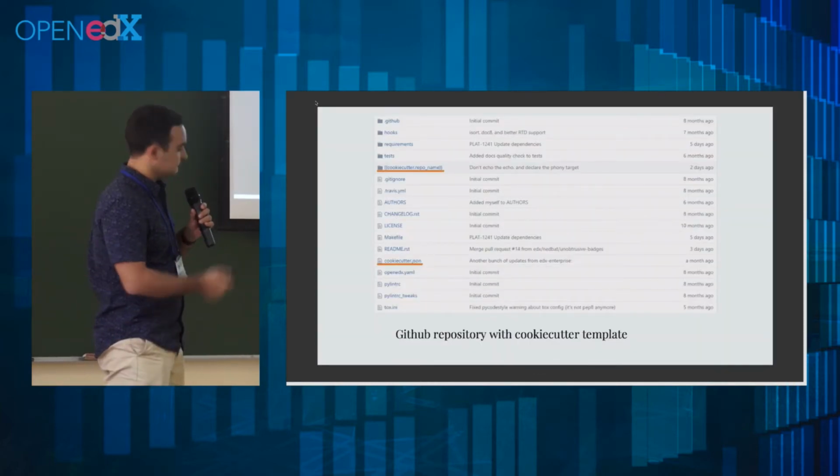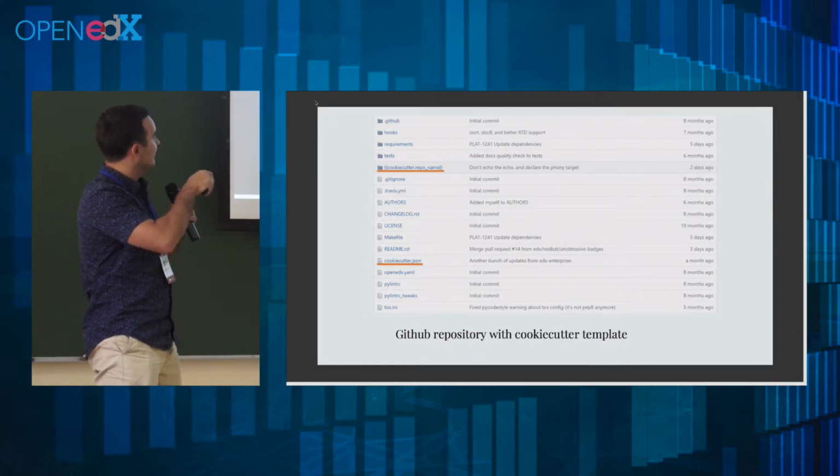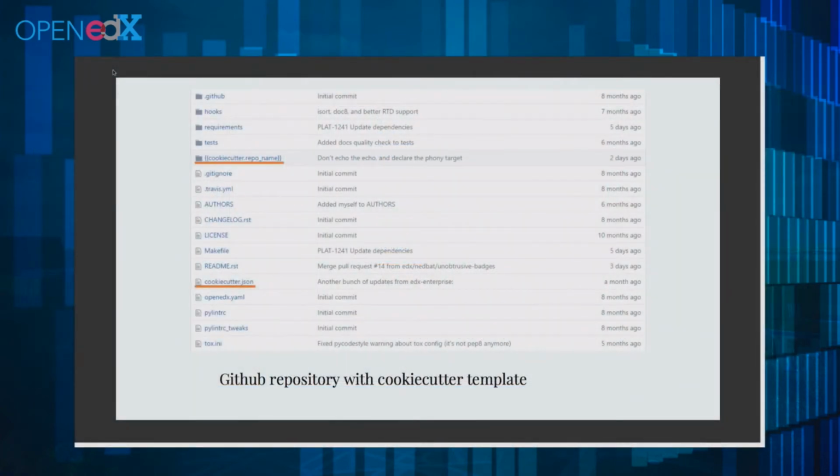So, usually a cookiecutter template looks like this. There's a cookiecutter repo name in double curly braces and a cookiecutter JSON. I don't know if you can see it, but I've just said that. The cookiecutter repo name is just a Jinja2 template in a file system of Jinja2 templates, and the cookiecutter JSON specifies the questions you need to answer.